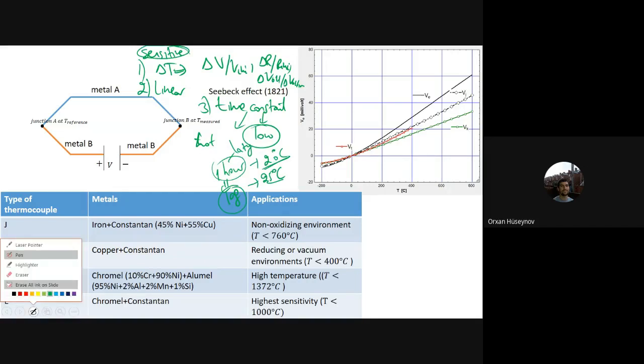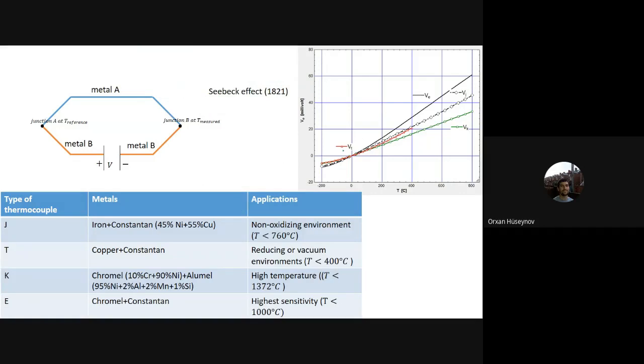Good. And now comes the essential part of the sensors, which is the linearity. You can see the VE means the E-type thermocouple, and the V means voltage change, delta V. You can see here at 0, all of them show 0 voltage. Say that this one is 20 and this one is 20.